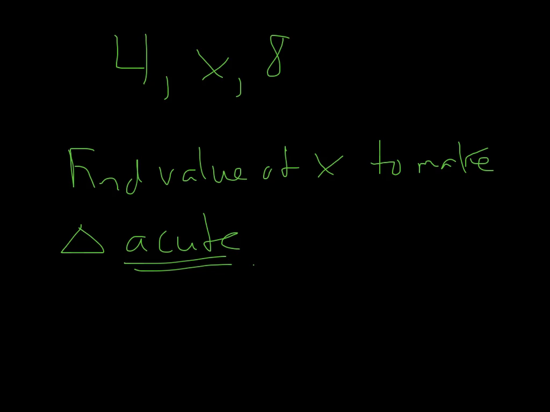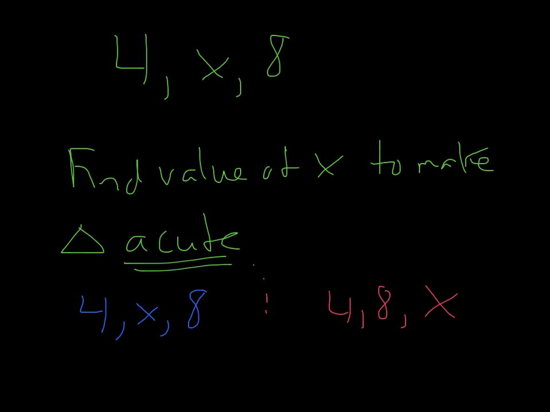But one little thought is the missing side, maybe it's one of the 2 small sides. So we can keep the x where it is if I'm going from small to big. But couldn't it also be that the missing side is the longest side? In that case, it would be 4, 8, and x.